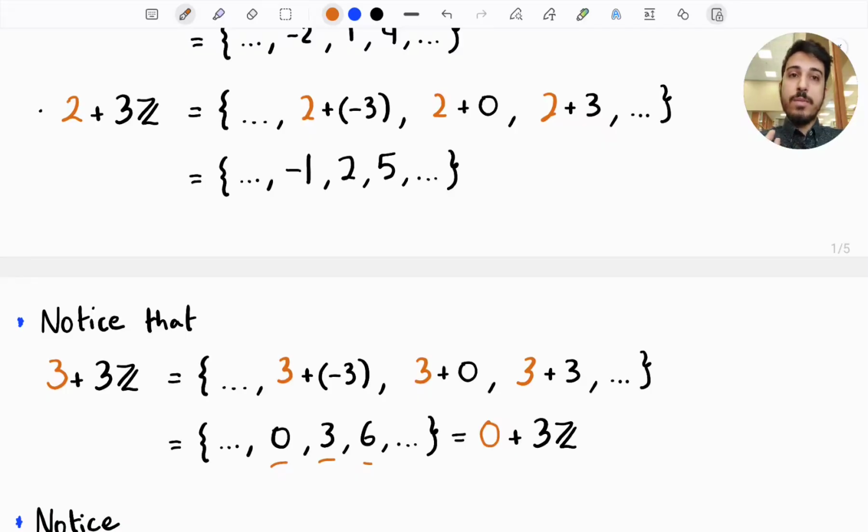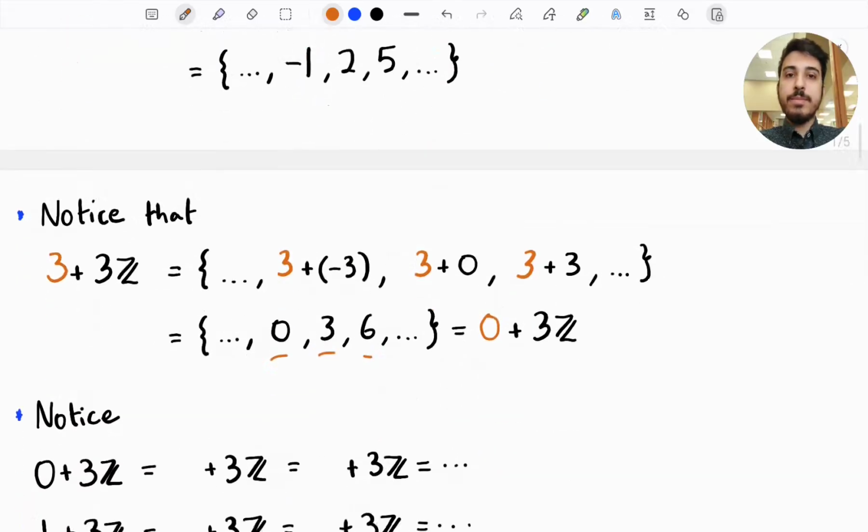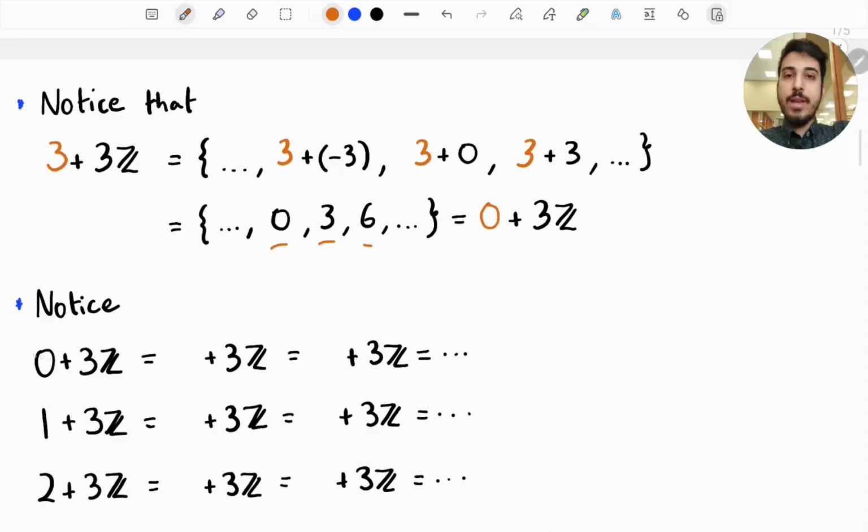Of course, that does not mean there is always a finite number of cosets given an infinite group, but in our example here, we obtained a finite number, which is just 3 cosets. We can label them by 0 plus 3Z, or 3 plus 3Z, or even minus 6 plus 3Z.